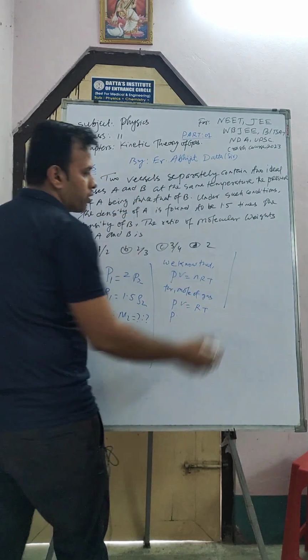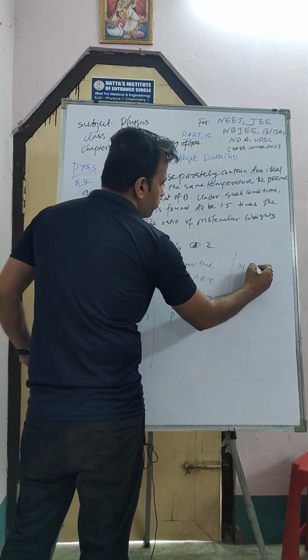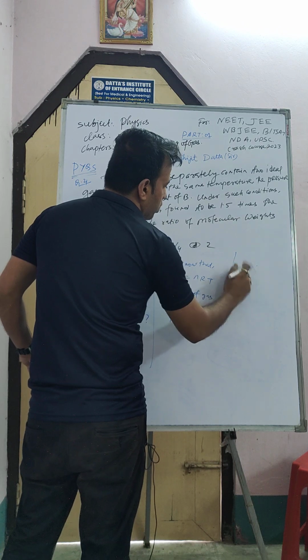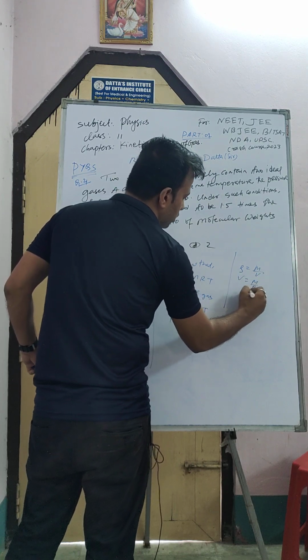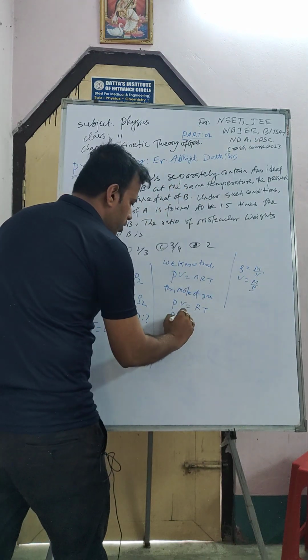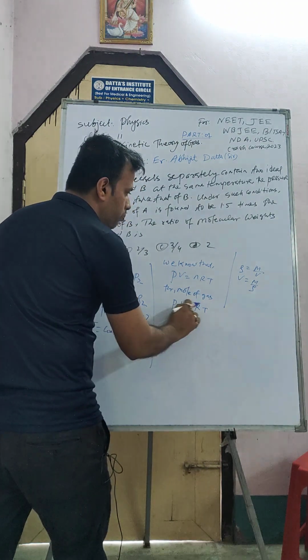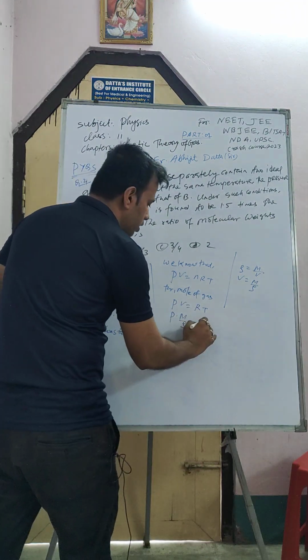Volume is what? We know that density rho equal to mass by volume. So volume equal to mass by density. So we can replace the value of V: P times mass by density equals RT.